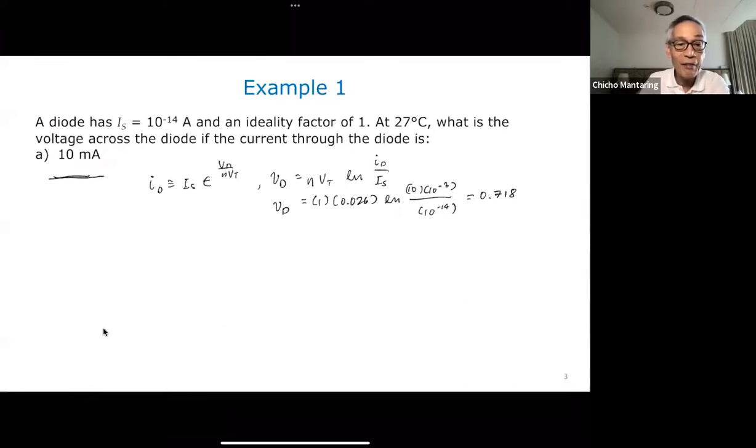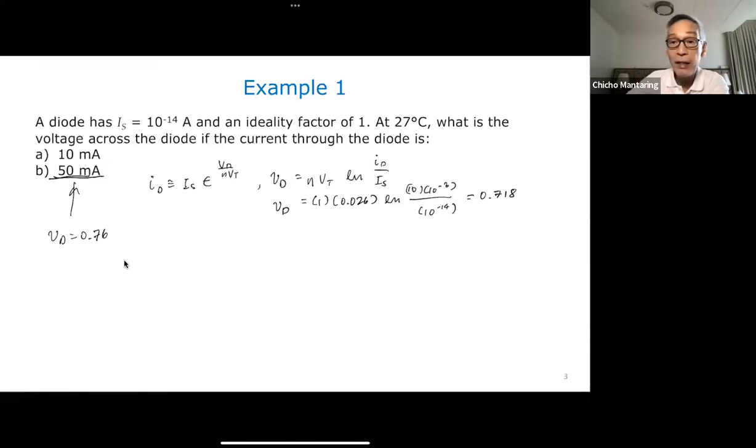Okay, I already have a few answers. So that's right, the answer is 0.76. So by substitution into the same formula, dito sa 50 mA, v sub d is equal to 0.76. Okay. So what I want to emphasize here is that yung current natin nagbago by 5 times.